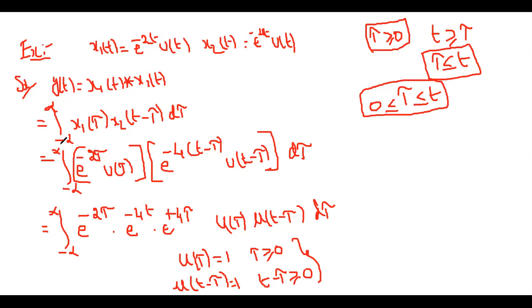When the upper limit changes to t, the second signal is causal, and the lower limit is 0, the first signal is causal. If both change, the output signal y is a causal signal. Now, substituting mu of tau is 1 and mu of t minus tau is 1, with these two functions we change the limits to 0 to t. The lower value is 0 and the upper value is t. Okay, 0 to t. Now the y of t.